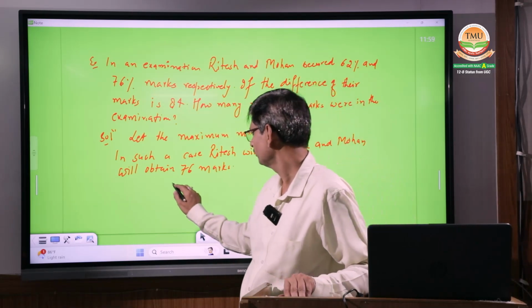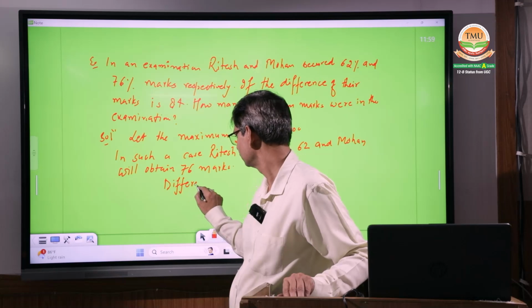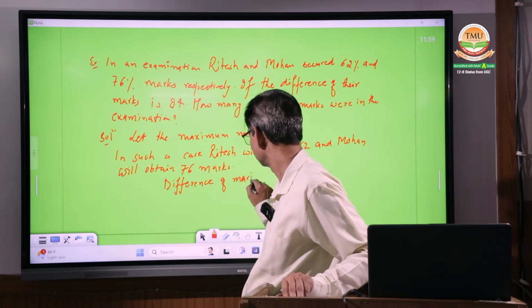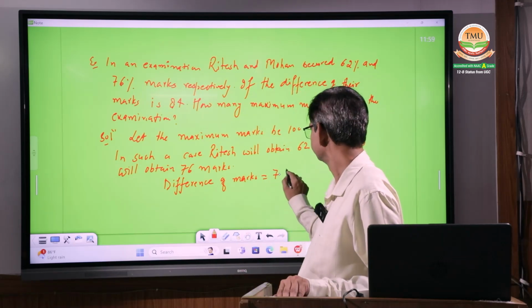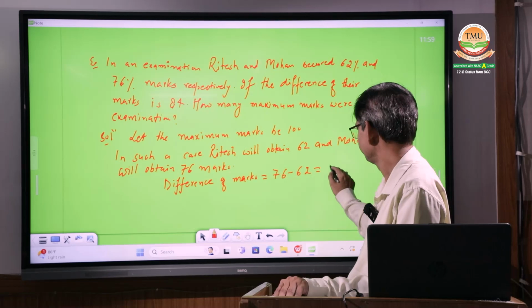Now the difference of marks is 76 minus 62, which will be 14.